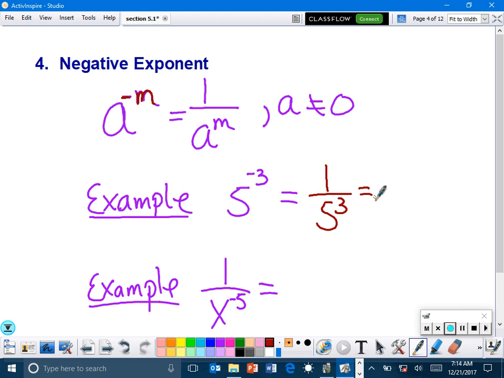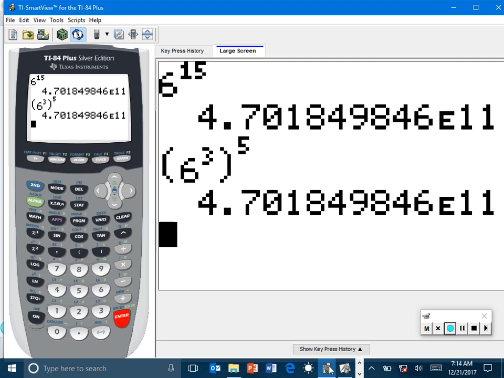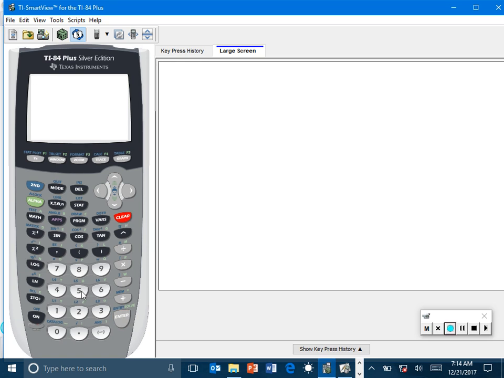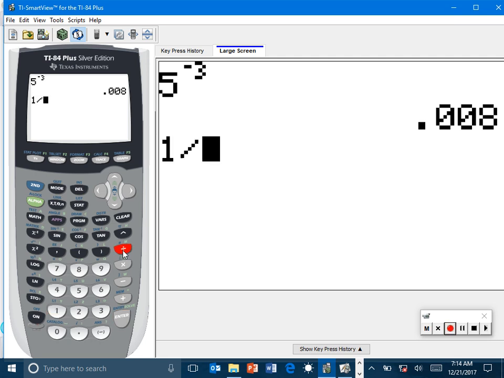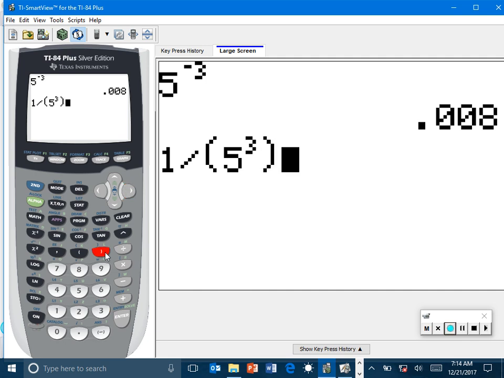Now, just to show you that they are equivalent, again on the calculator, if I do 5 to the negative third power, I get this decimal. And if I take 1 and divide it by, now the trick here is you should get used to using parentheses, 5 to the third power in parentheses because I only want the denominator, you'll notice I get 0.008.